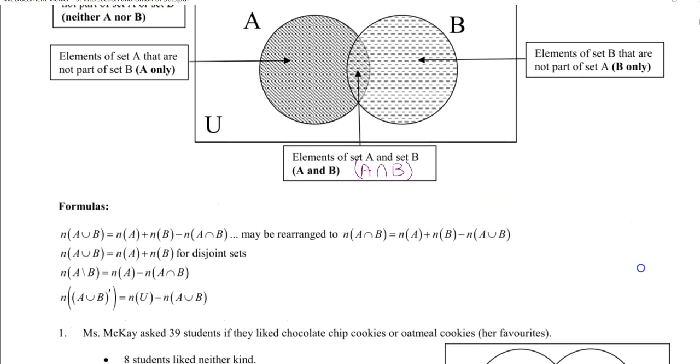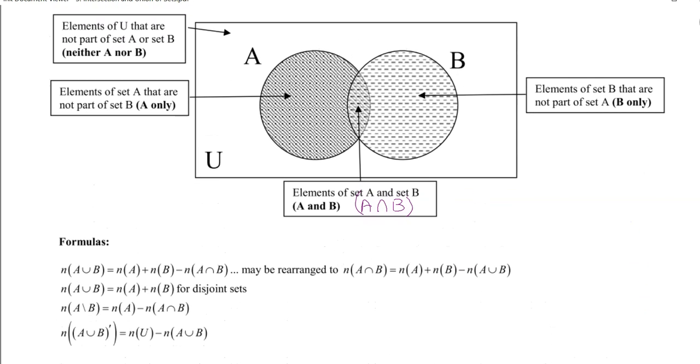There are some formulas associated with this. If we want the number in A union B, the union is putting them all together, so it's in A or B or both. If all we have is numbers, there's a formula which says the number in A or B is the number in A, so you count everything in here, plus the number in B, you count all of these.